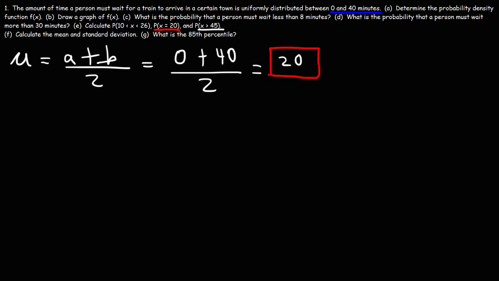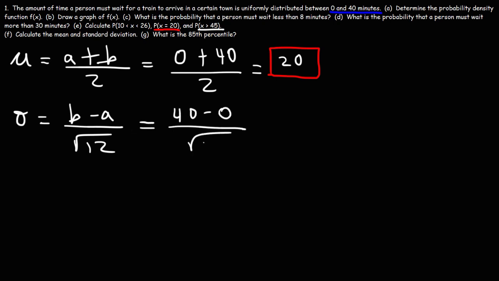Now let's calculate the standard deviation. Here's the formula for the standard deviation. It's going to be b minus a divided by the square root of 12. So that's going to be 40 minus 0 divided by the square root of 12. 40 divided by the square root of 12 is 11.547.